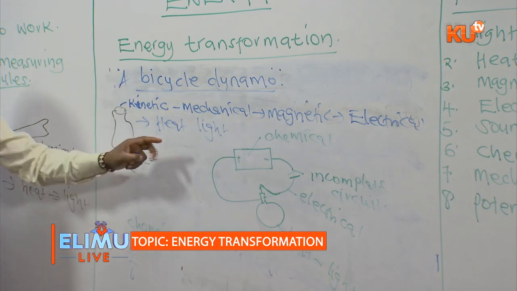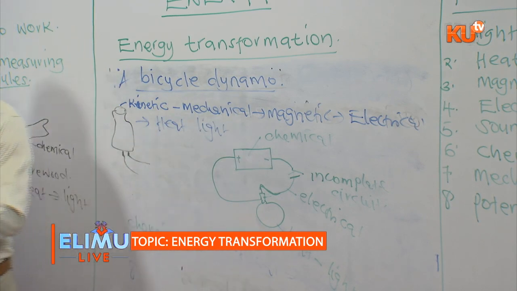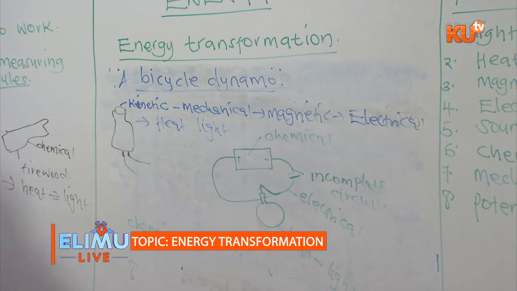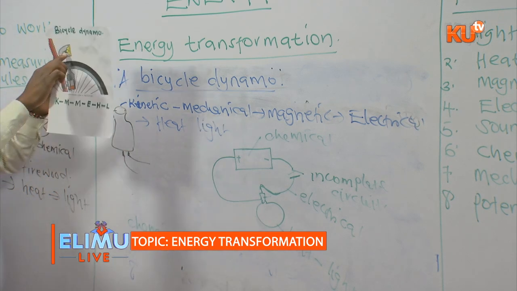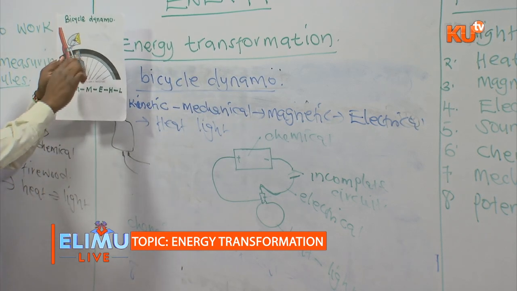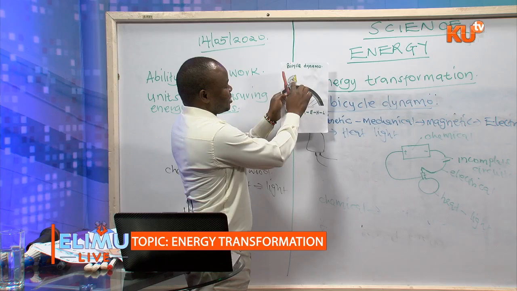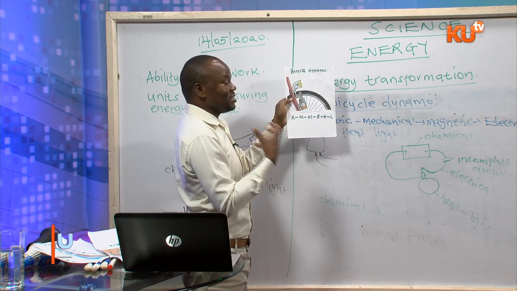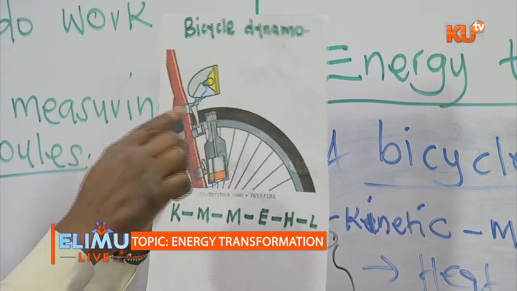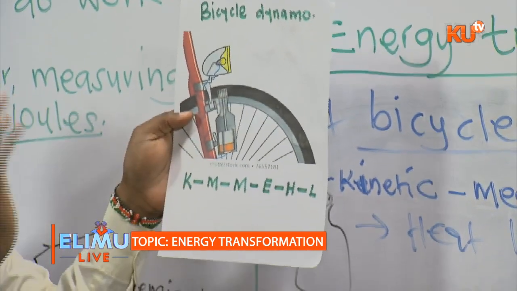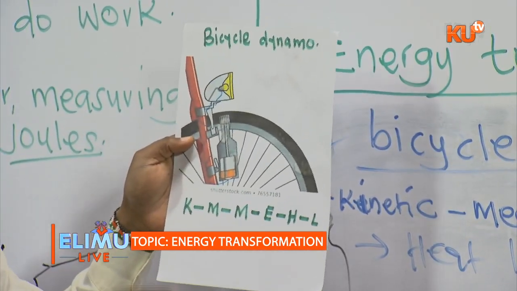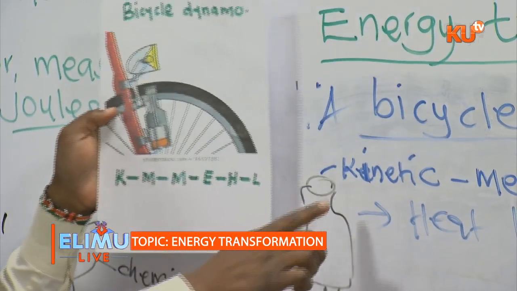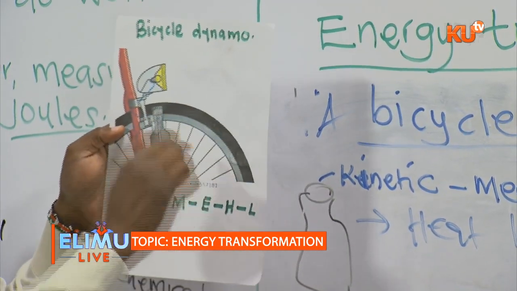Of course, you are going to use that to light the road as you cycle. Let me show you how it is. This is the bulb, and this is the bicycle dynamo. It rotates on this wheel as you drive, and it can only produce light when this knob is rotating. When it's not rotating, there is no light. So we start from kinetic, the rotation of the wheel.